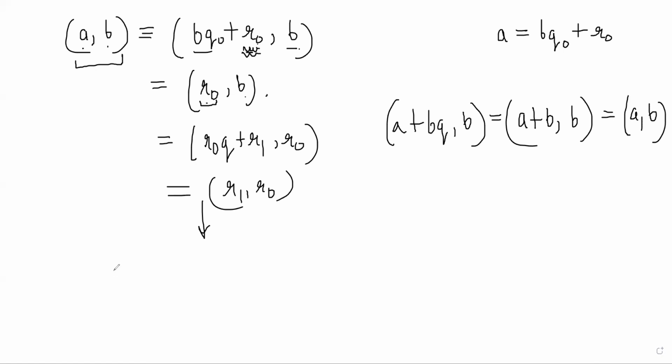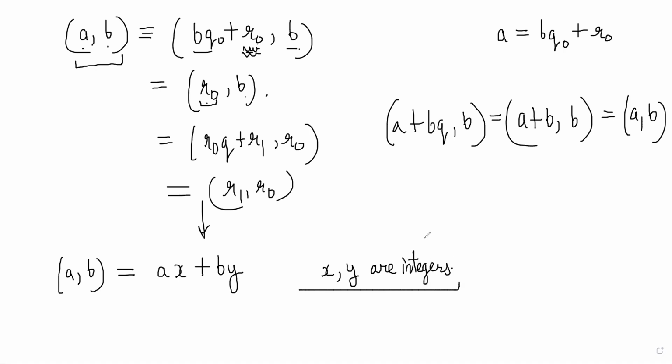Now, this also implies a very important idea: the GCD of A and B can be written as AX plus BY, where X and Y are integers. The GCD of A and B will always be expressed in this form, AX plus BY, where X and Y are some integers.